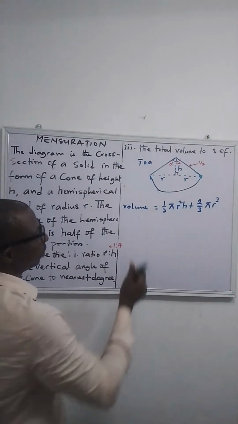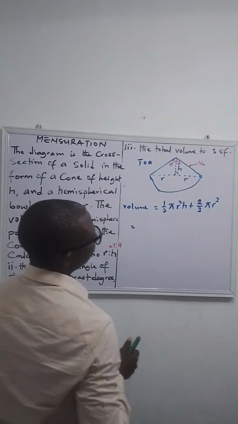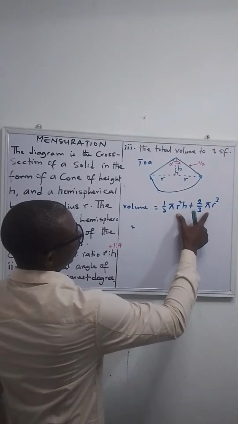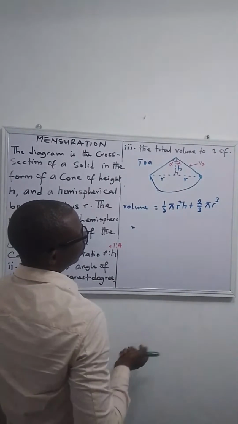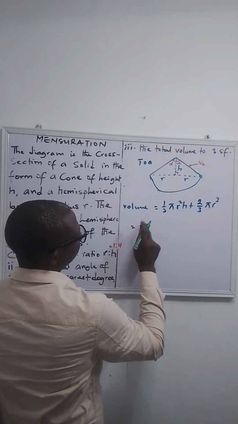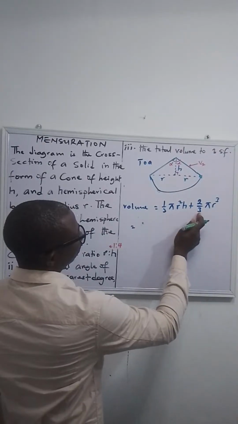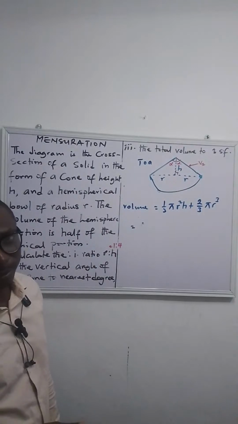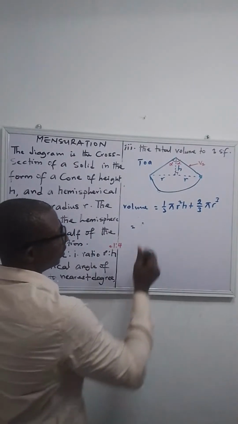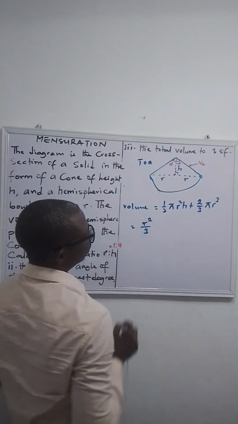Now let us evaluate here. Let's factor out r squared. We can also factor out 1/3, so that means we have r squared over 3.